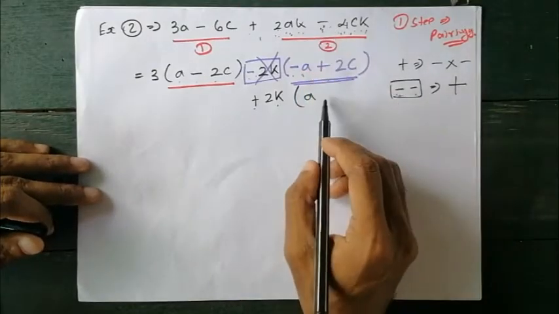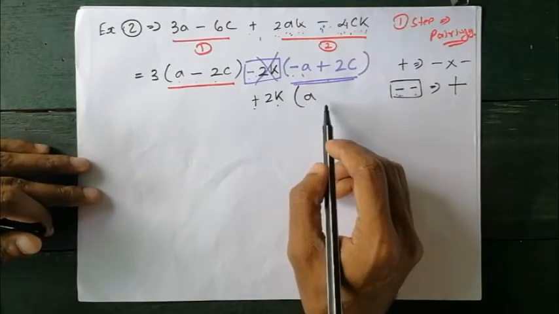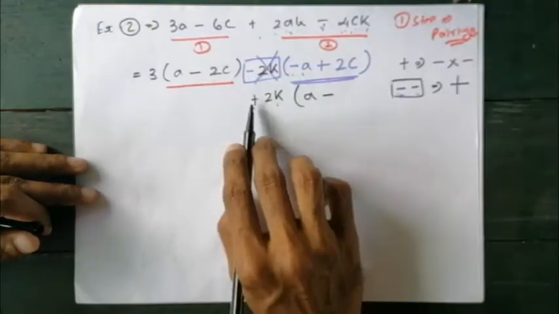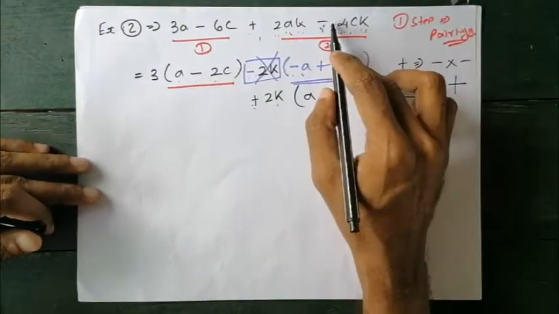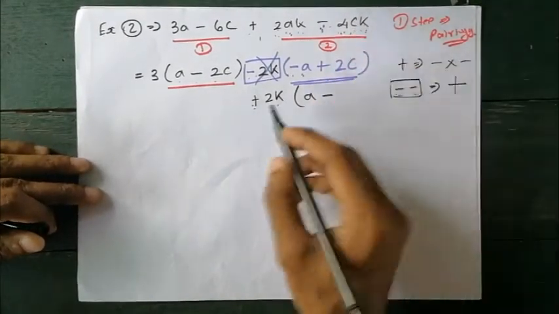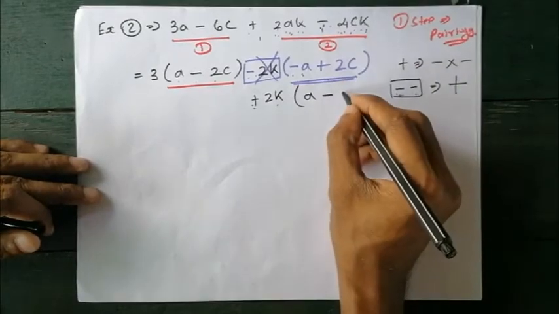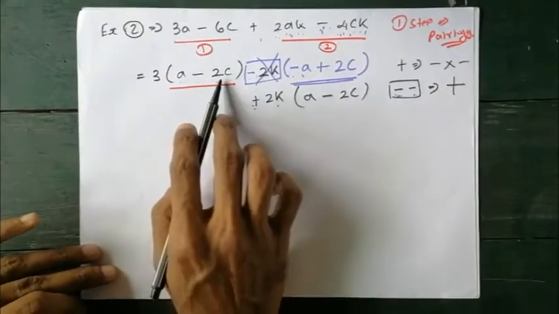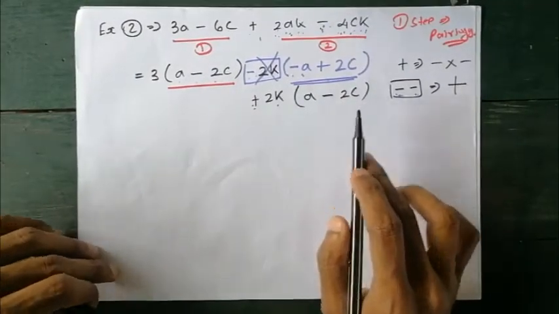So what should be inside the bracket? Plus into minus is minus. Minus into plus is minus, result is minus, so minus. So 4ck, you take out 2k, the remaining is 2c. Now you check a minus 2c, a minus 2c.